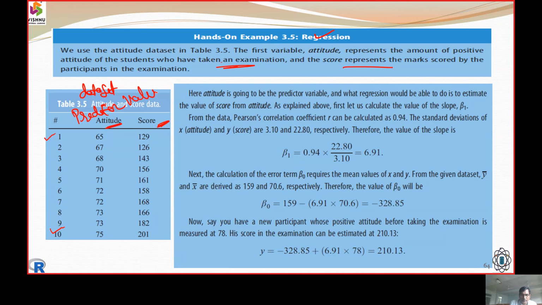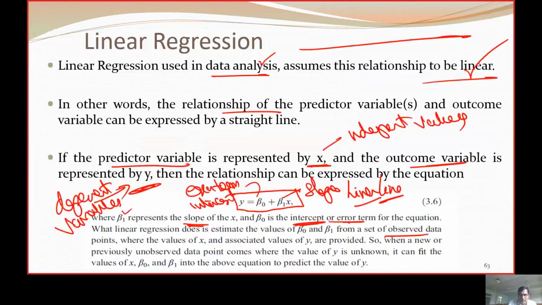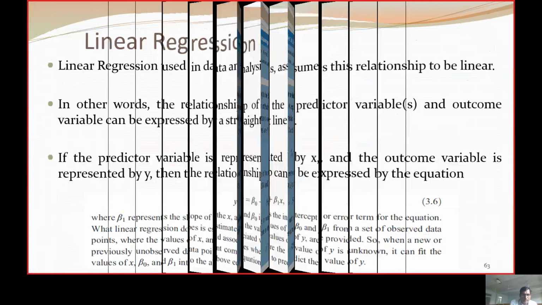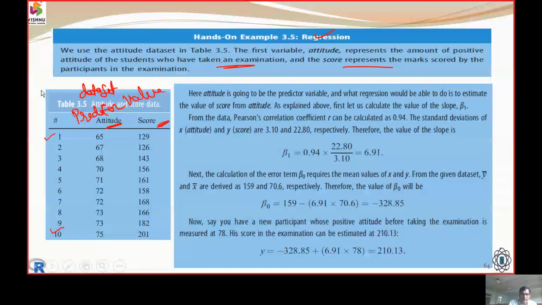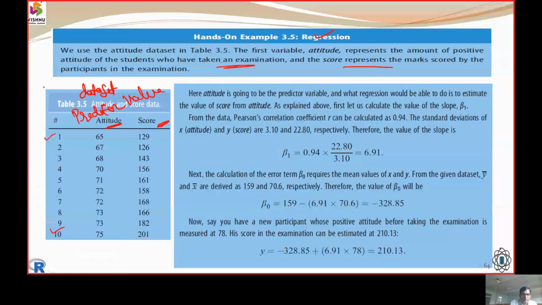This predictor value we assume as the independent value, and the score we call the dependent value.